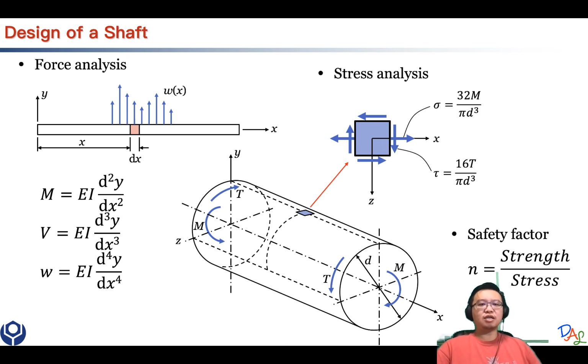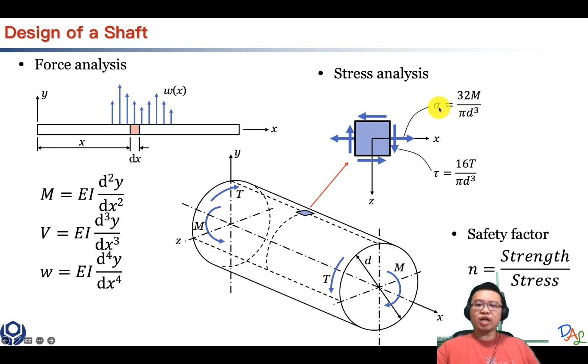Now let's move on to a shaft problem. We have talked about this configuration earlier. It's a bending plus twisting condition of a shaft, and if we analyze somewhere on the top of the material, we will end up with a stress analysis like this.